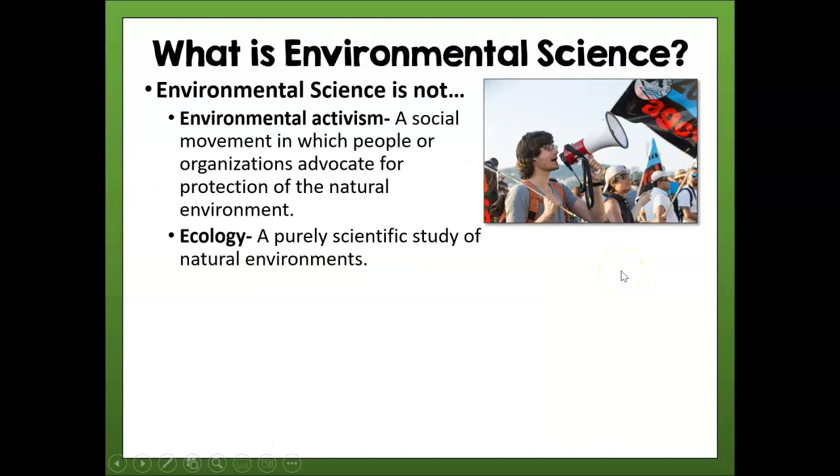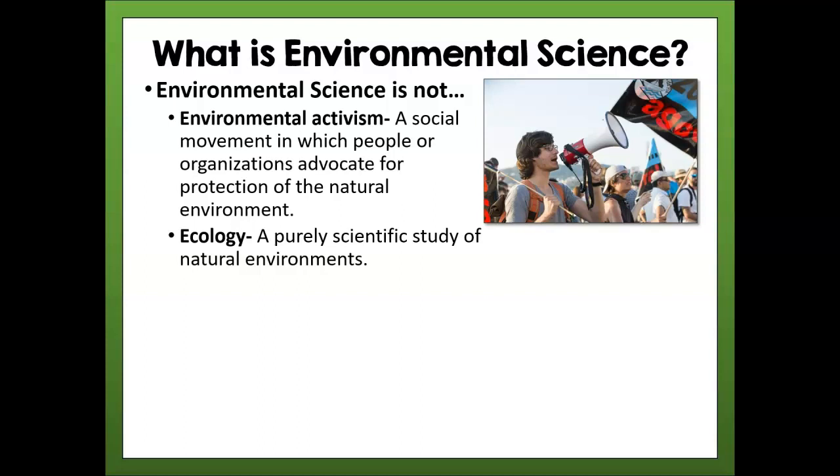So what is environmental science? It is not activism, although activism can be very, very important as far as making sure that we don't have polluted air and polluted water. That's just a movement where they advocate for protection. Although we're going to study ecology in this class, that's purely a scientific study of the natural environments.